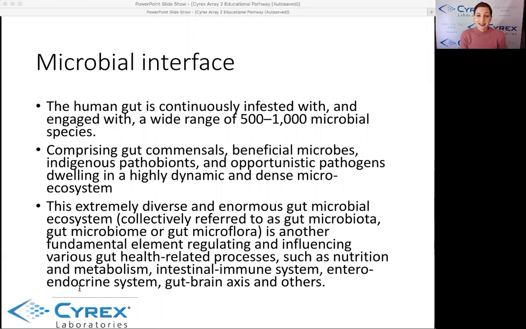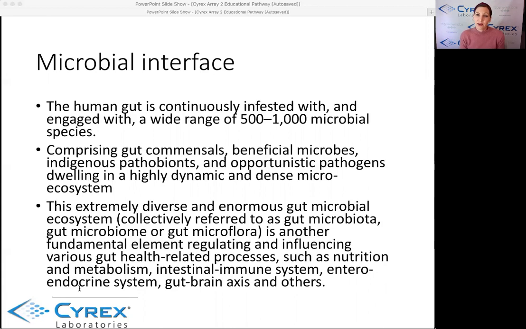So the human gut is inhabited by and engaged with a very wide range of microbial species. We have evolved to live in an interconnected fashion. We are, in fact, something of a human microbe kibbutz. This microbial population is made up of commensals, of beneficial microbes, of opportunistic pathogens, and of indigenous pathobionts.